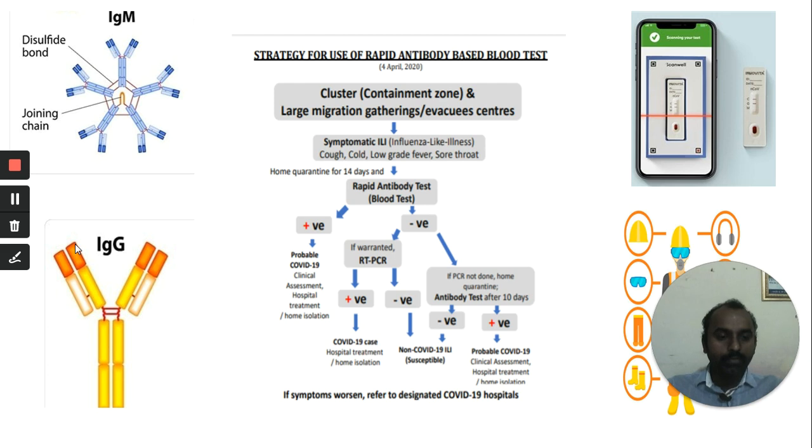So the only information you are getting from this slide is, if the person is expressing IgM antibodies, that means he is in the early stage of infection where he is not immune competent enough to combat the virus. Whereas if he is expressing IgG antibodies, it tells you that the immune system has already developed immunity against that virus.